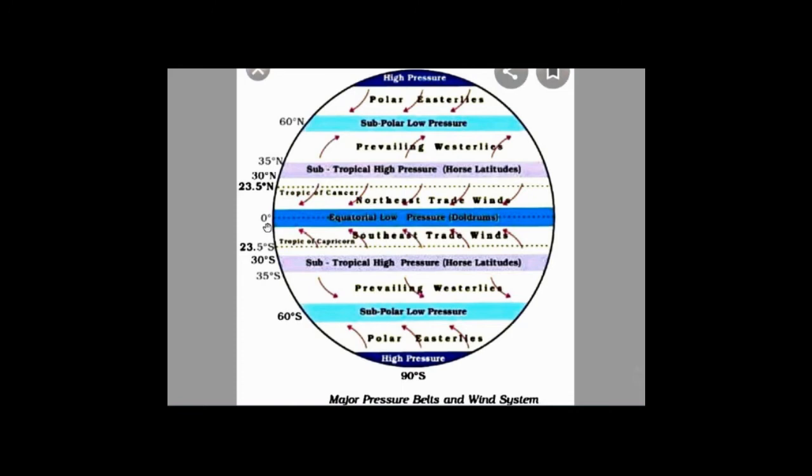Now we all know that throughout the year over this region sun rays fall vertically or directly. That is why this region gets intense heat throughout the year. It means throughout the year, over this equatorial region, temperature remains very high.